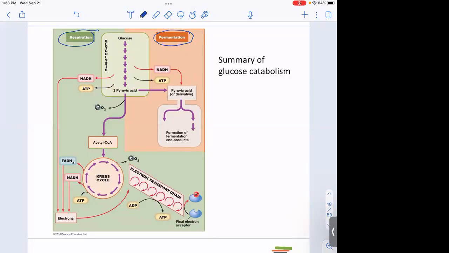Usually, if a cell has some kind of electron acceptor here at the end, it's going to do some kind of respiratory pathway because it's always going to get more energy that way. With fermentation, there's an advantage, and we'll talk about why a cell would do it, but it's not really getting very much ATP from a fermentative pathway like after tacked on to glycolysis. So whatever it can, it's going to do either anaerobic or aerobic respiration.